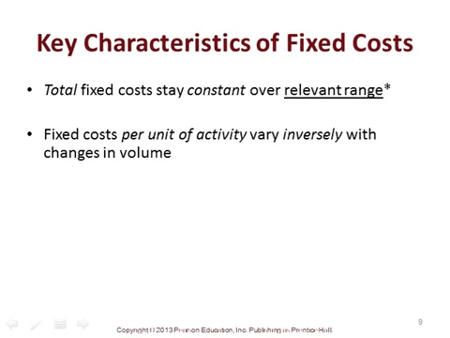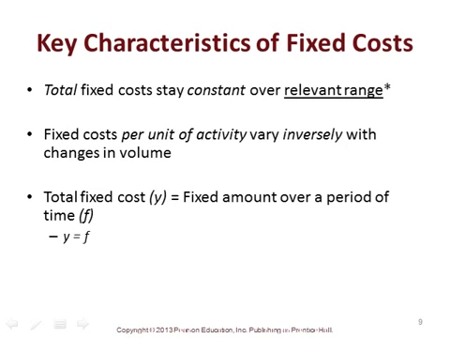However, if I only manufacture 500,000 units, I still have $1 million in lease costs that have to be spread over the 500,000 units. So my fixed cost is still $1 million, but my fixed cost per unit is now $2 per unit, or the $1 million divided by the 500,000 units of production.